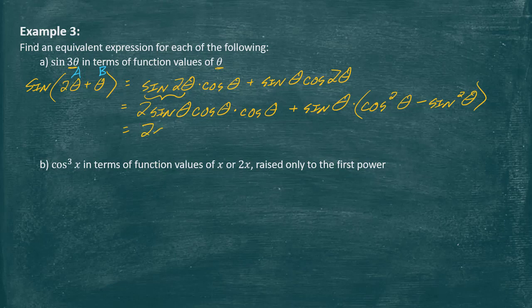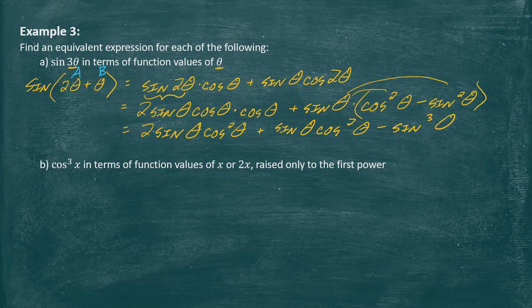I have 2 times sine of theta times, and then if I notice I have a cosine times a cosine, that becomes a cosine squared of theta. Added with, and if I distribute this through, I've got sine of theta times cosine squared of theta for the first term, and then sine times a sine squared. If I do that one as well, it will turn into a sine cubed of theta.